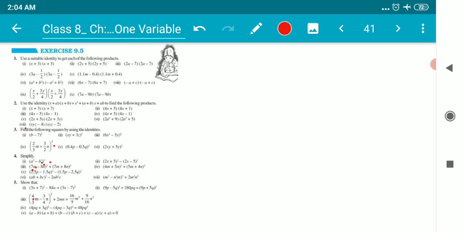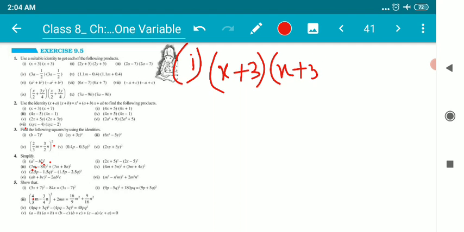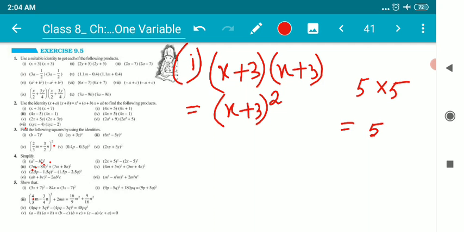So let us understand the first one. The first question is (x plus 3) into (x plus 3). Children, as we can see, x plus 3 is written twice. So in the place of that, we can simply write (x plus 3) whole square, because whenever we multiply two similar numbers, we can write the square of that number.